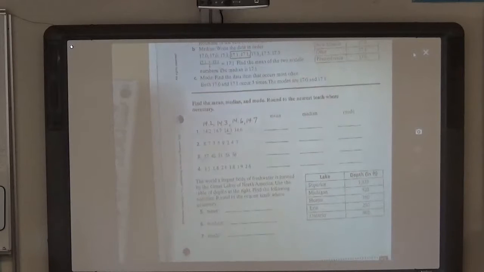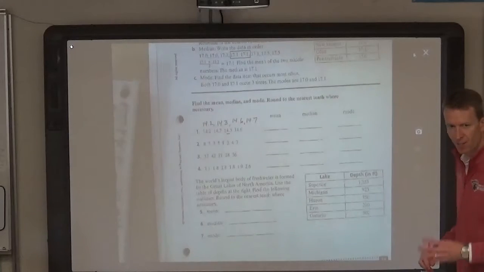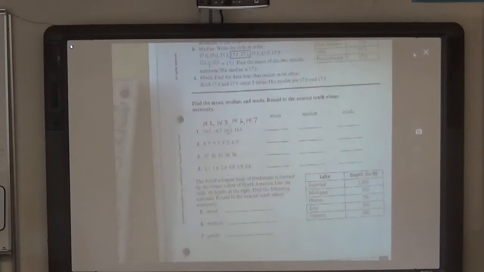Okay? Then, to find the mean, you add up all the numbers, and then what are we going to divide by? 4. Yep, there's 4 numbers. So, has anyone added up those numbers yet? Use a calculator to add up those numbers. Amanda, did you add them up? 57.8. Does anyone else have 57.8?